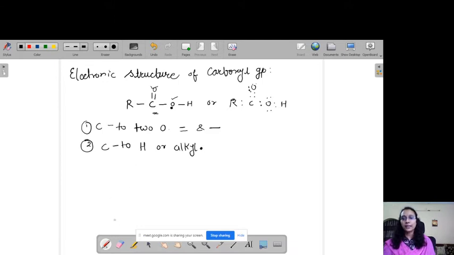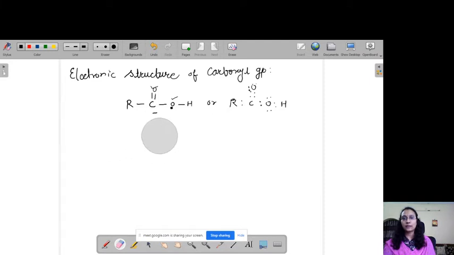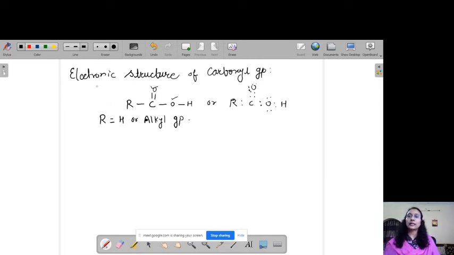Keep these two important points in your mind. Here we can write that R can be H or any alkyl group. Is it clear?